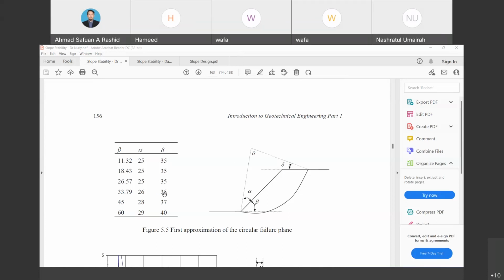So now we need to determine what is the delta. Actually we need to construct the diagram first to determine the theta.